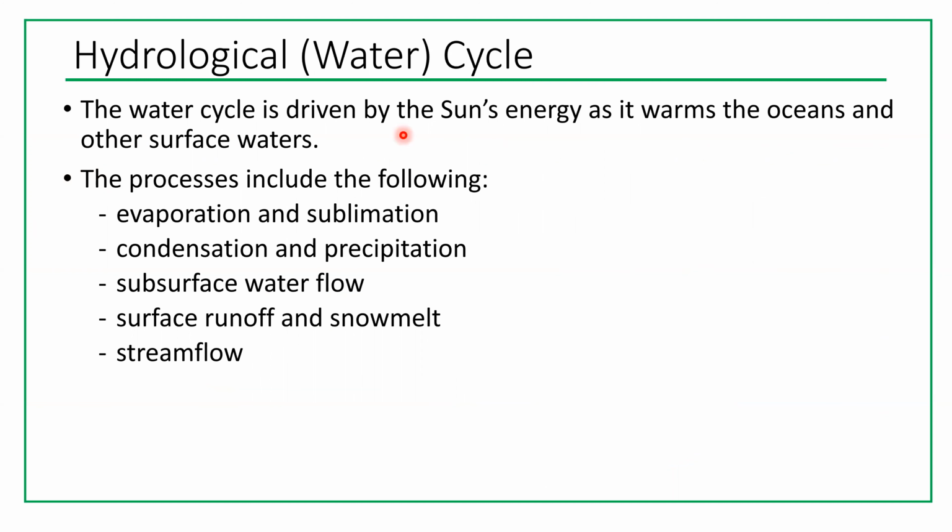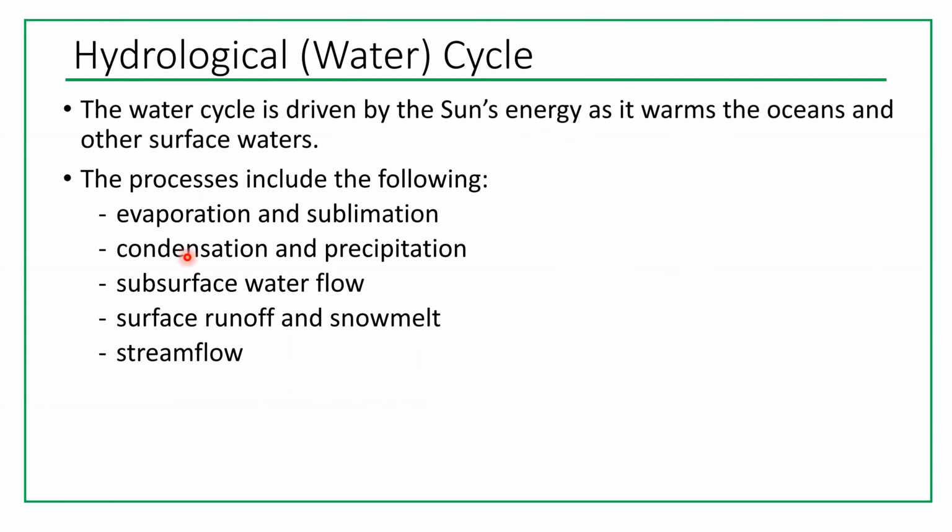So the water cycle needs energy. As any cycle, it needs energy to run. And the water cycle is driven by the sun's energy. The sun warms the ocean and other surfaces of water, then water evaporates, then water condenses and precipitates.